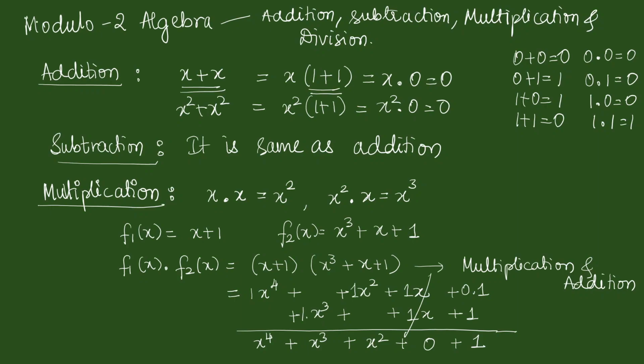Now we will see the division operation which is done on polynomials in x, again where the coefficients of the polynomial are either a 0 or a 1. Keeping that in mind, now we are going to look at the binary division or the modulo 2 division operation.